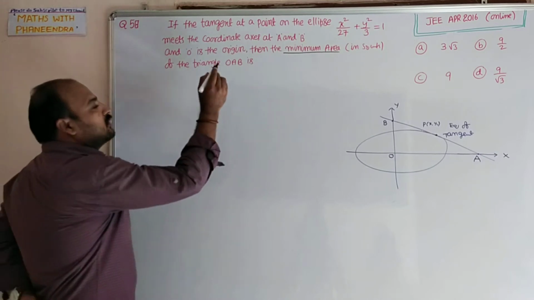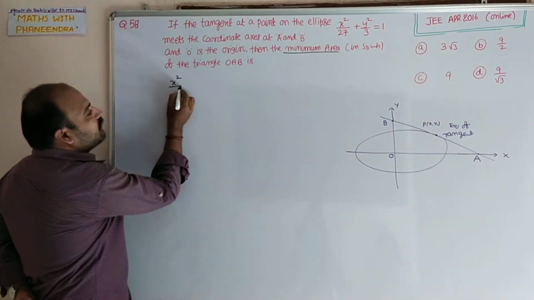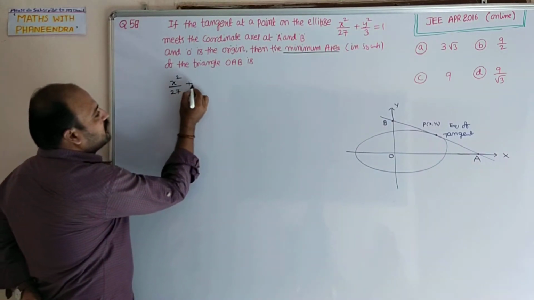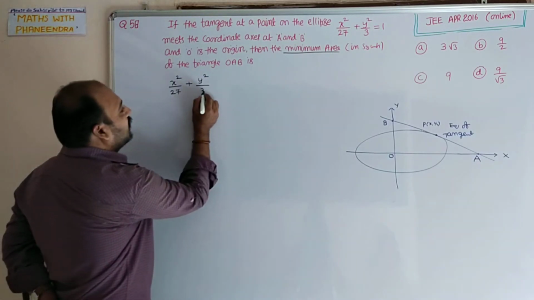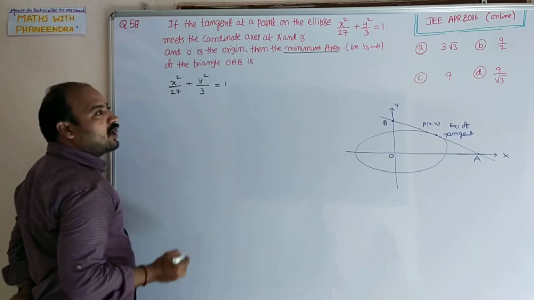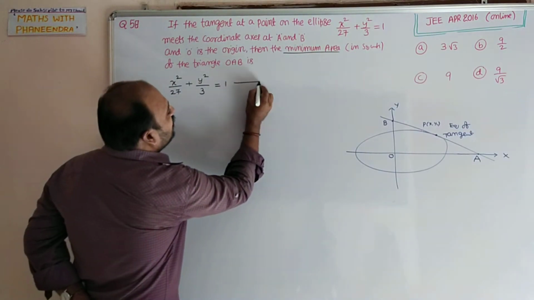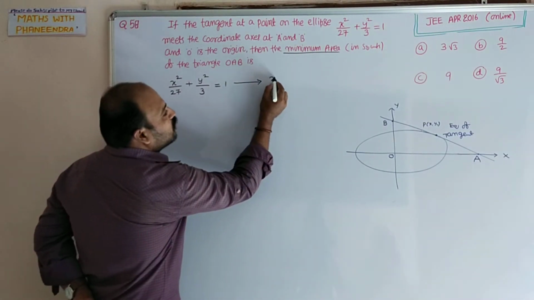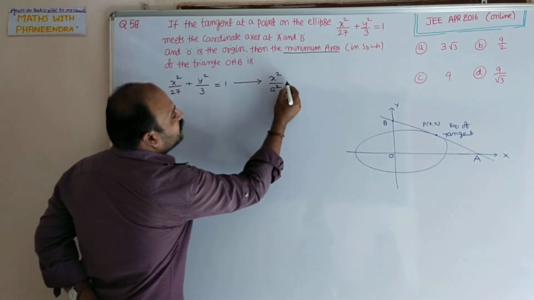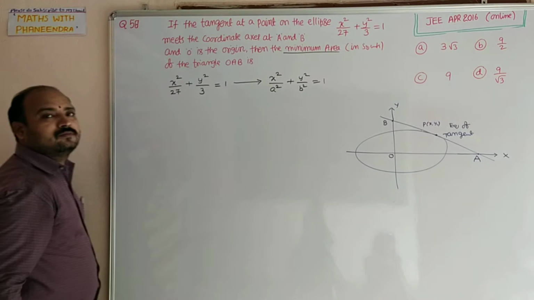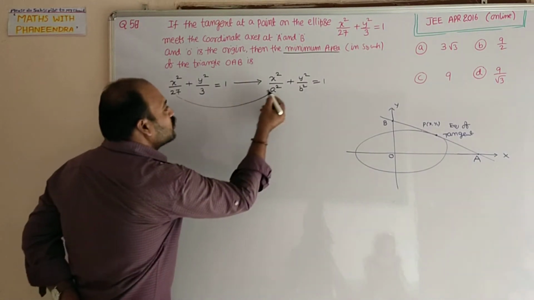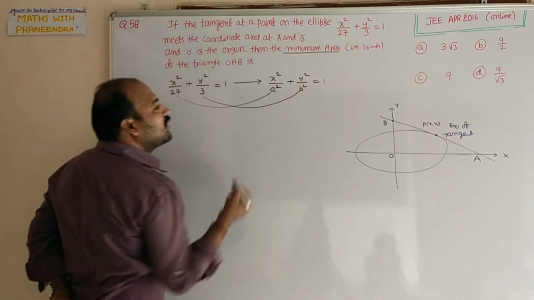So first, the given equation of ellipse is x square by 27 plus y square by 3 equal to 1. Compare with the standard equation of ellipse, x square by a square plus y square by b square equal to 1. So a square equals 27, b square equals 3.